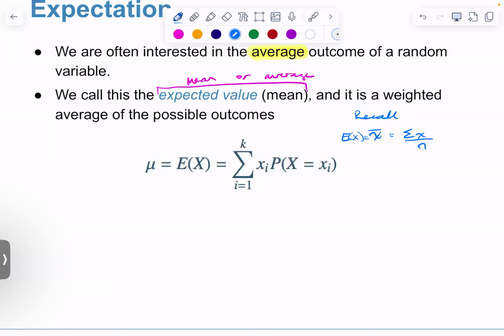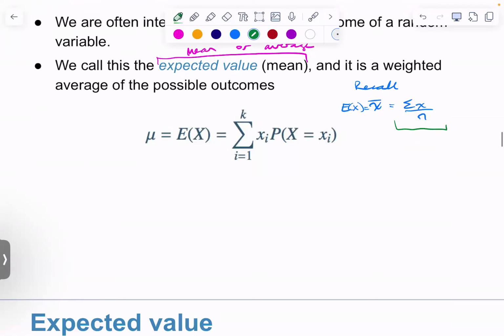But here, the problem is this assumes that each x has a 1 over n probability, which is usually true. If we've randomly sampled, then by definition, everyone has a 1 in n probability of being selected. So this assumes the probability that x is equal to xi is 1 over n for all xi's.